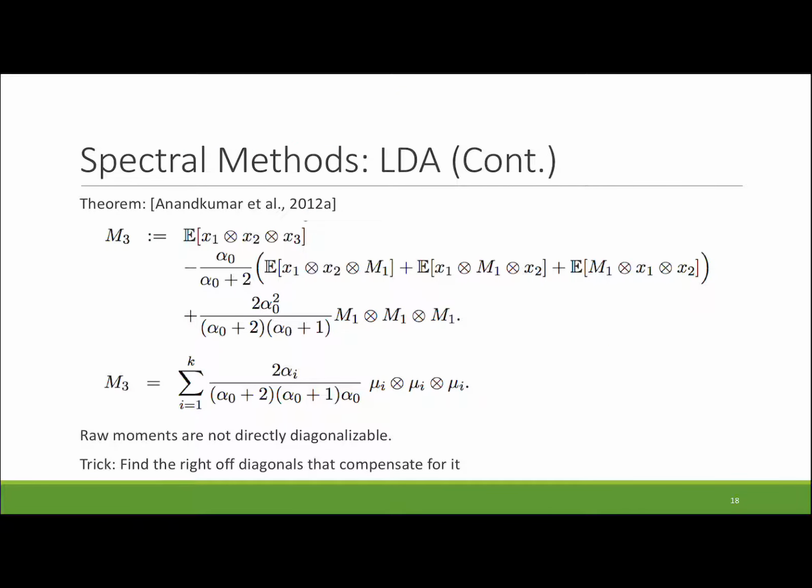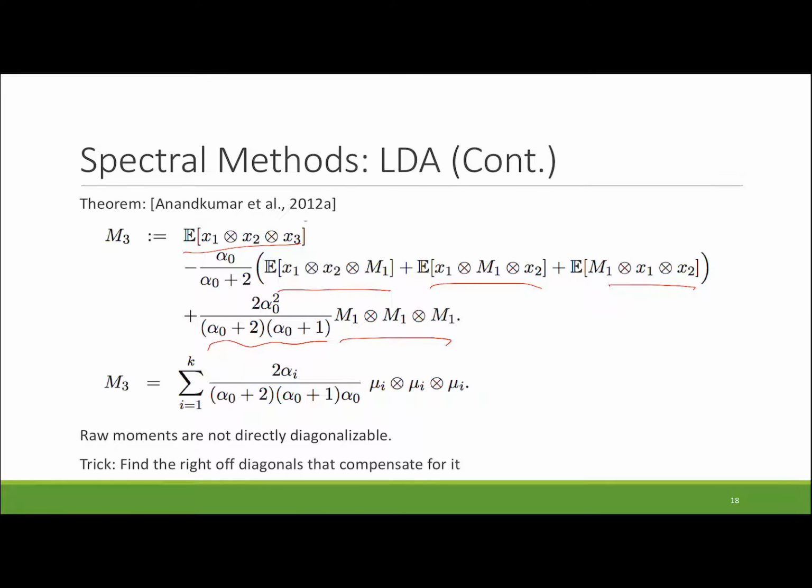So let's go to the third order, or the form of M3 that is diagonalizable. This is now a linear combination of the third order moment, second order moments, and the first order moment of the data.